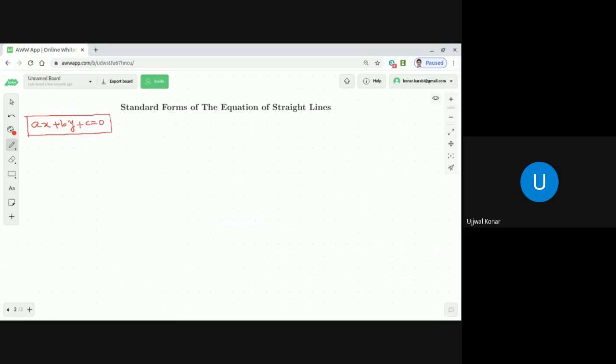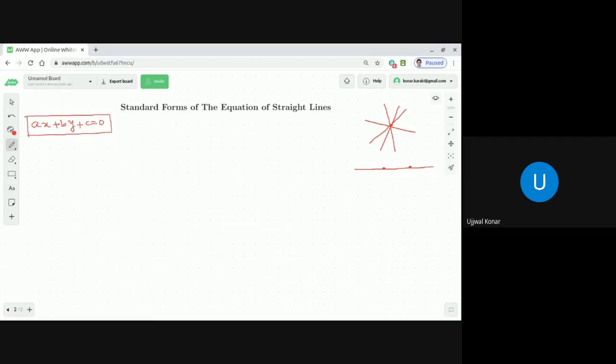For example, if I have been given a point, through this point how many straight lines can you construct? Infinite. One straight line like this, another like this, another like this. So you cannot construct a unique straight line passing through a single point. But if two points are given to you, through these two points you can construct a unique straight line.